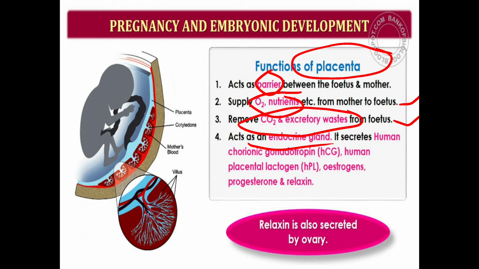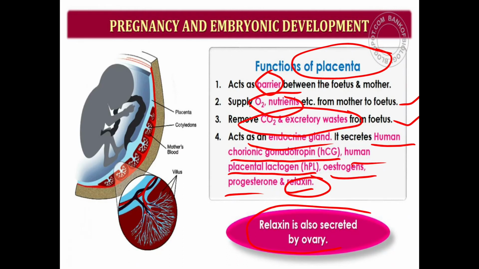So what is HCG? Human chorionic gonadotropin, an important expansion. HPL is human placental lactogen. Then estrogens, progesterone, and relaxin. Relaxin is also secreted by the ovary.